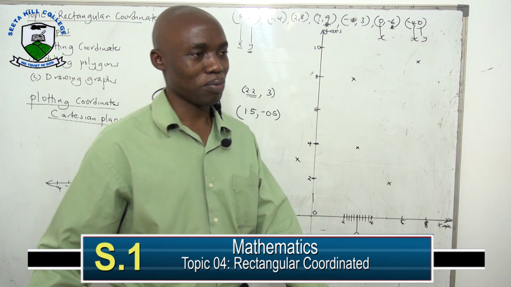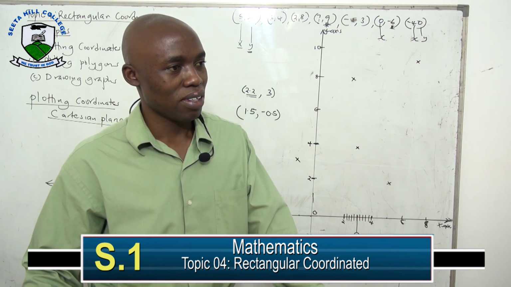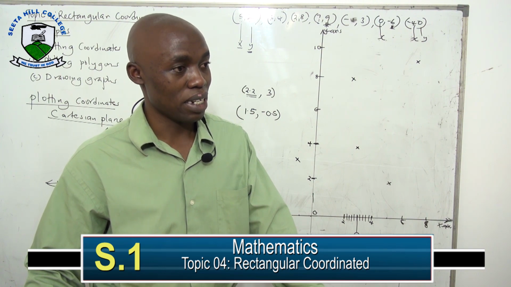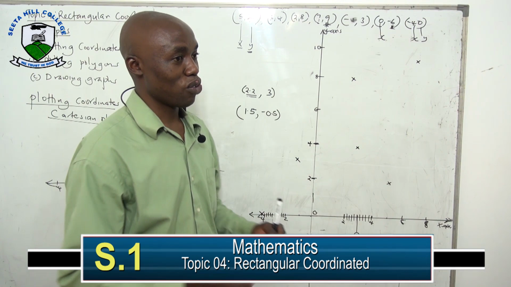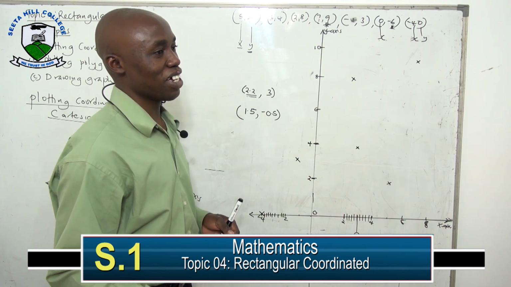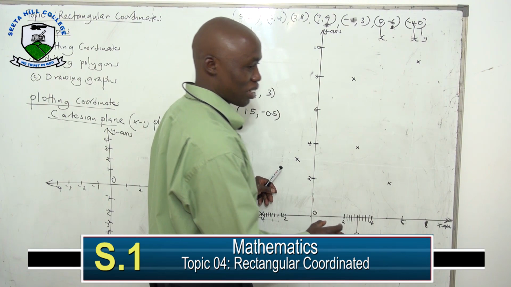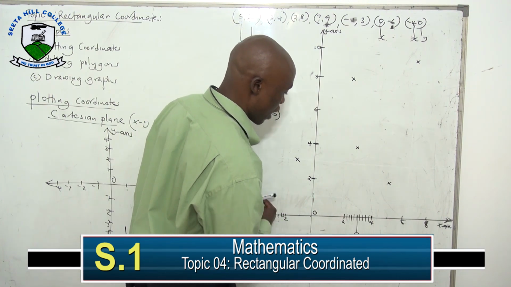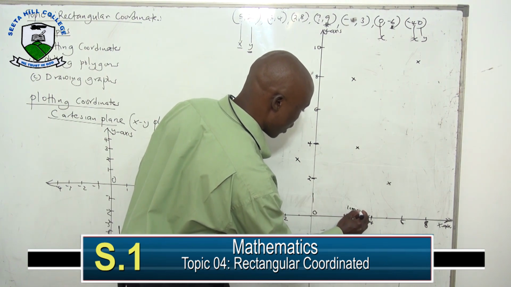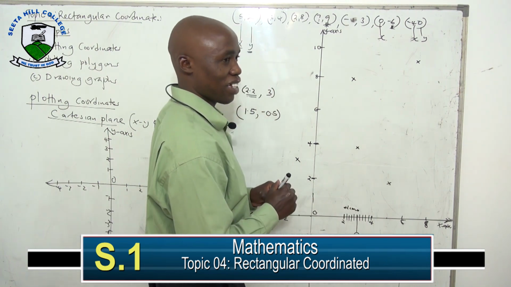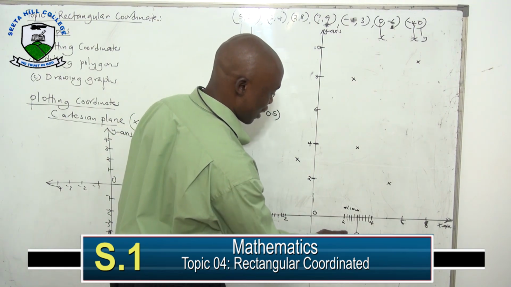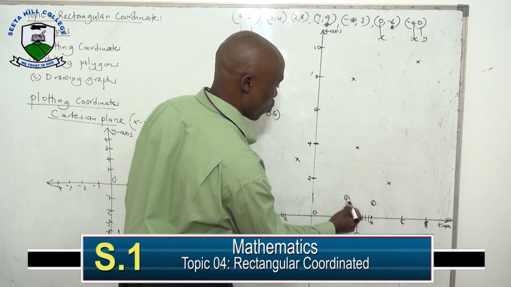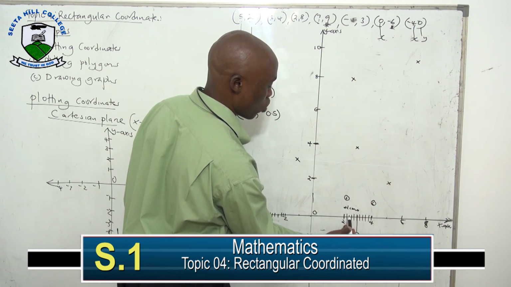You can use a ruler, since those 2 units each represent a centimeter. Then you can use a ruler to locate. That's one method, very, very correct. That means you can get a set ruler, because from here to here is 1 centimeter. But remember, if from here to here was 1, you could say 1.2.